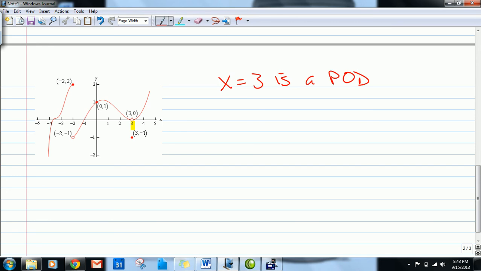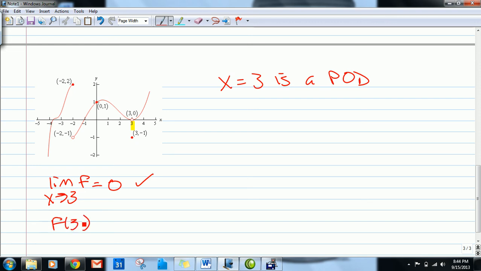Well, note that the limit as x is approaching 3 exists. From the left, 0. From the right of 3, 0. So off to the side, I'm noting that the limit as x is going to 3 is 0. Check.